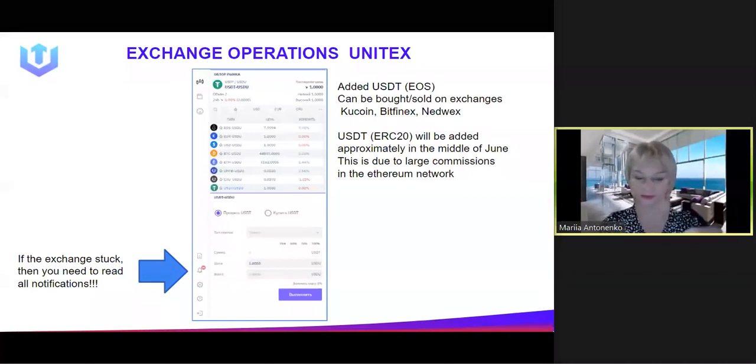That's when the commission of the Ethereum network can change. Like 1 hour ago, it was $20. Now it's $45. And the exchange will be bearing losses if small amounts are withdrawn.